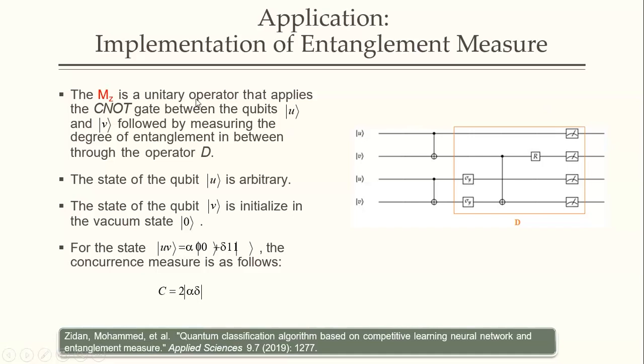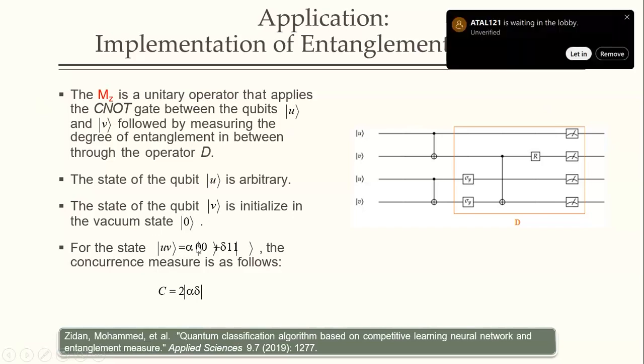The MZ is the unitary operator that applies the C naught gate between the qubits U gate and V gate, followed by measuring the degree of entanglement in between the operator D. Then the state of qubit U gate is arbitrary, then the state of qubit V gets initialized in vacuum state 0 ket.